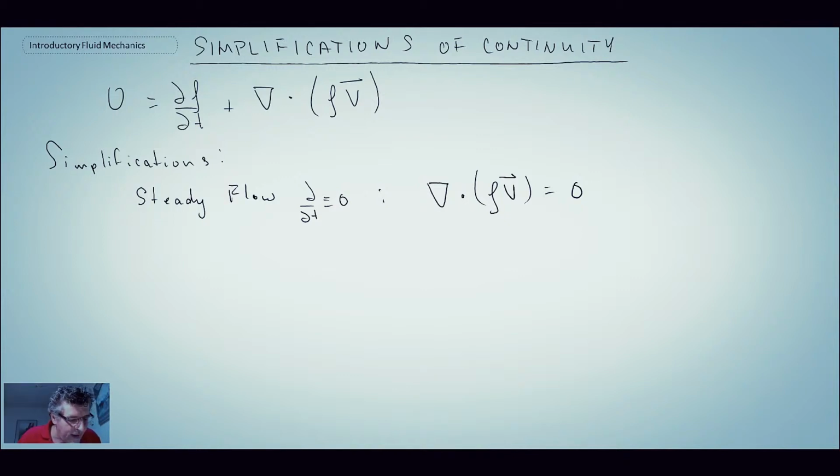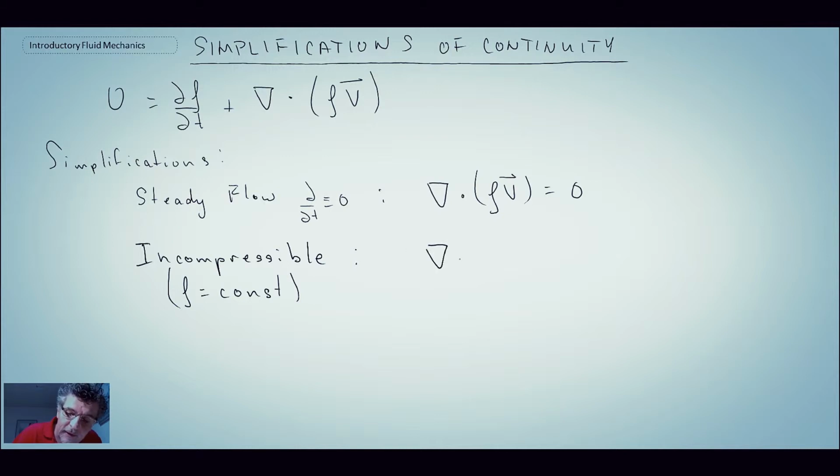If we have an incompressible flow, we know for incompressible, density is equal to a constant. If density is equal to a constant, the time rate of change of density will be 0. So what we then end up with is del dot v equals 0.